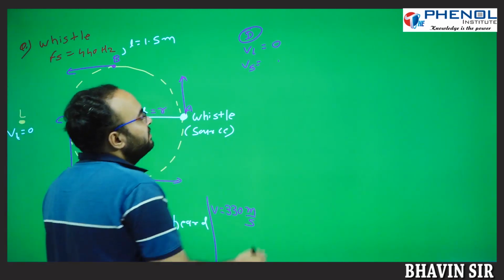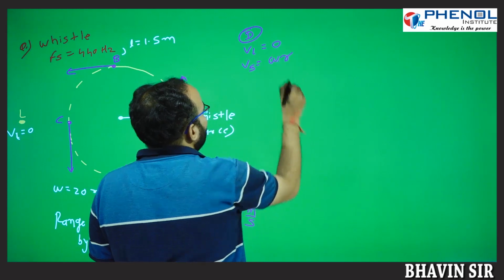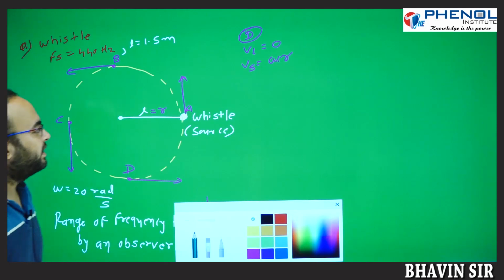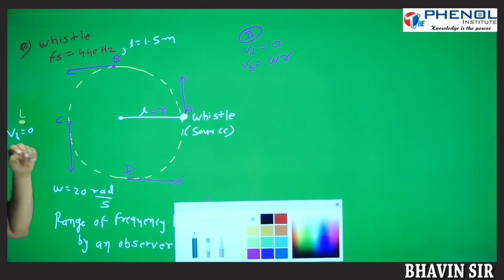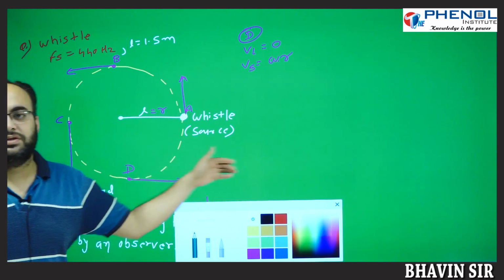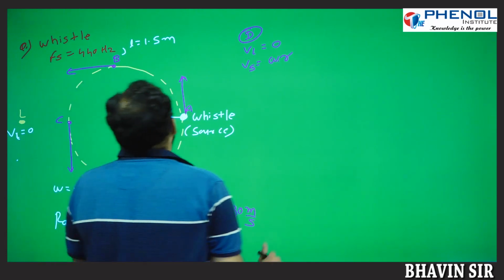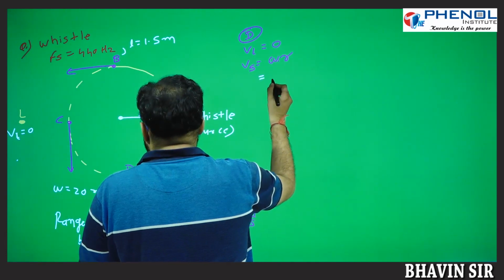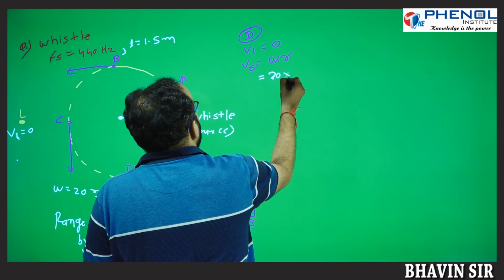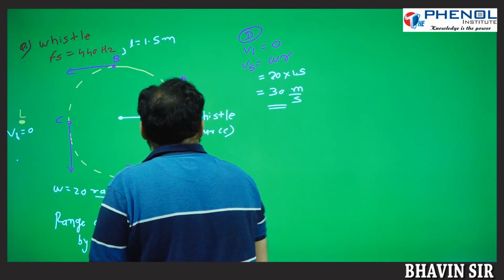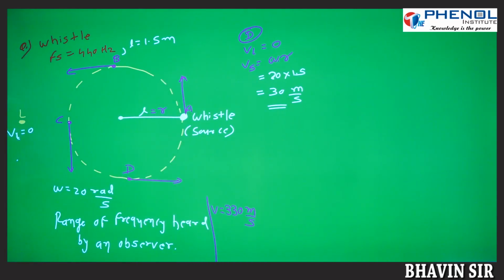From angular velocity we find linear velocity: V is equal to omega r. We took it positive because at point D the direction of tangent, the direction of velocity, is from L to S. So the velocity is omega r, which is 20 into 1.5, that is 30, positive 30.